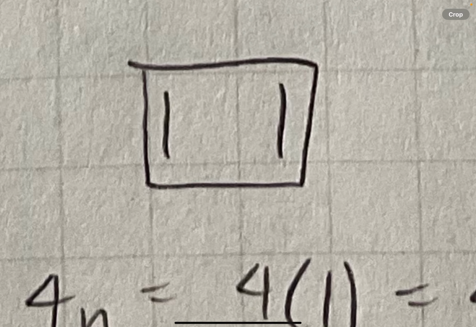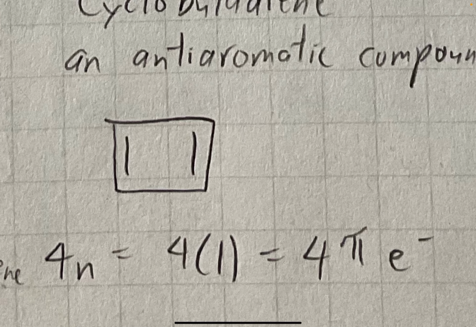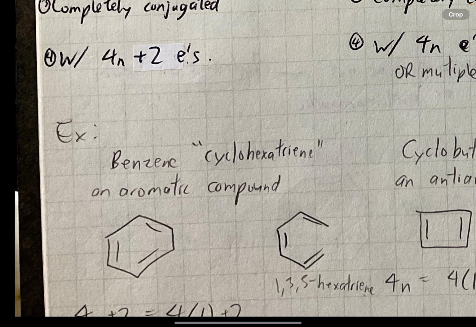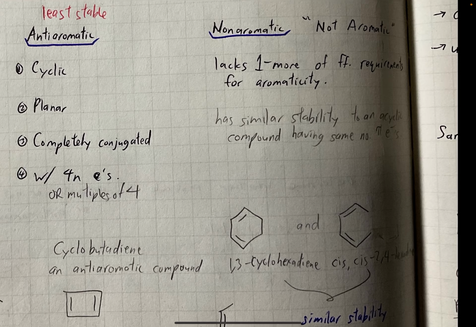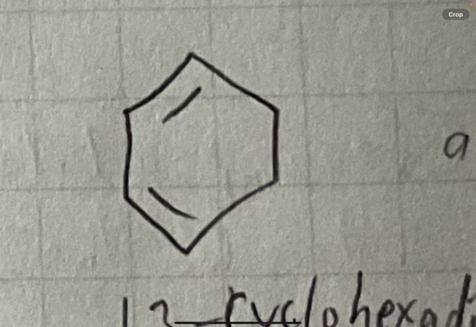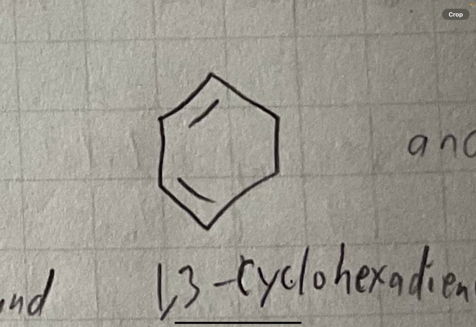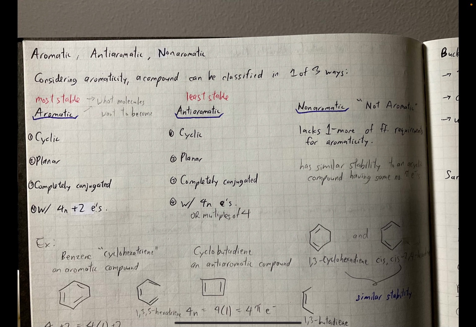Let's count. 1, 2, 3, 4, 4 edges, no? So that's 4 electrons. It is anti-aromatic. This one is an example of non-aromatic because this is not completely conjugated. There has to be a line there, so for it to be completely conjugated. Okay.